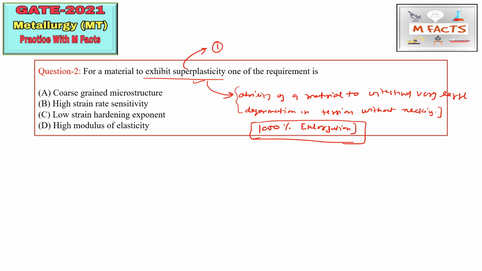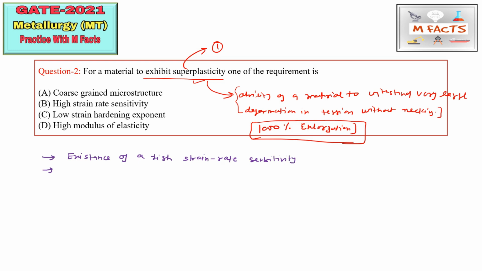What are the requirements for superplasticity? One of the requirements is the existence of a high strain rate sensitivity.